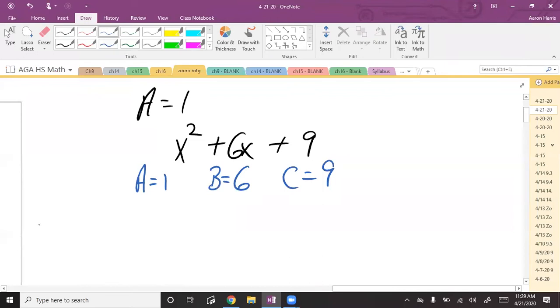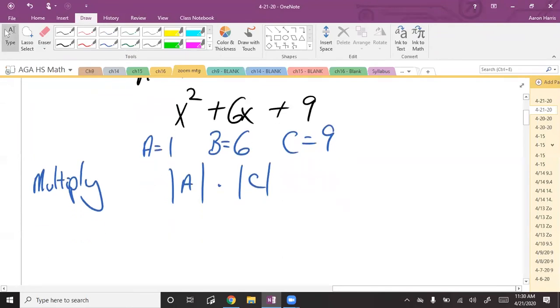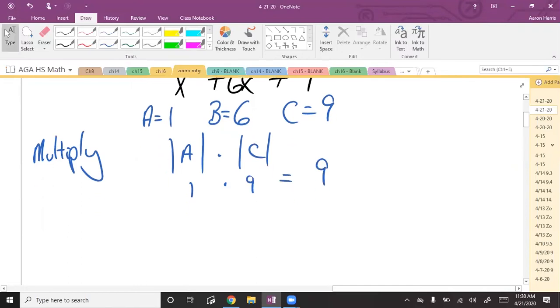We would first multiply the absolute value of A times the absolute value of C. So 1 times 9. What's 1 times 9? 9. And then we did a list of factors, correct? Yes. So we put the little triangle there, and we always started with what number, Marie?